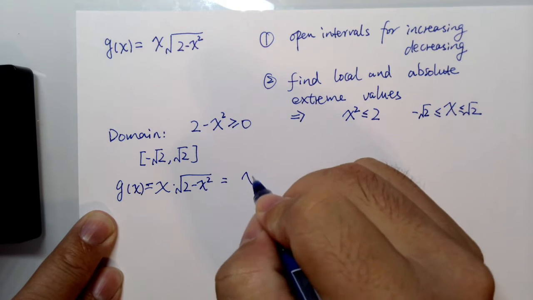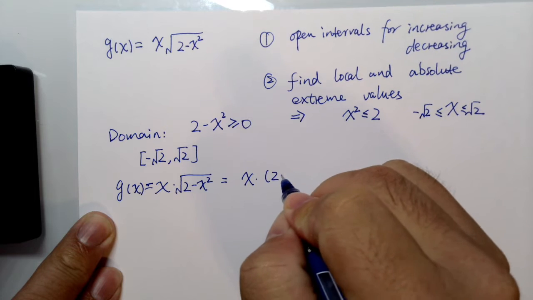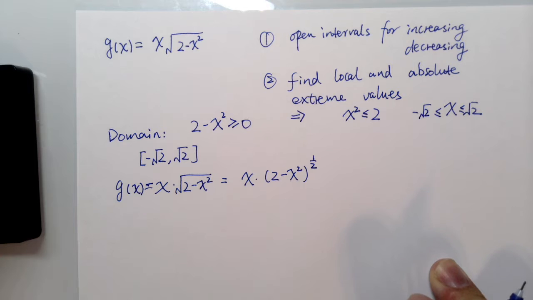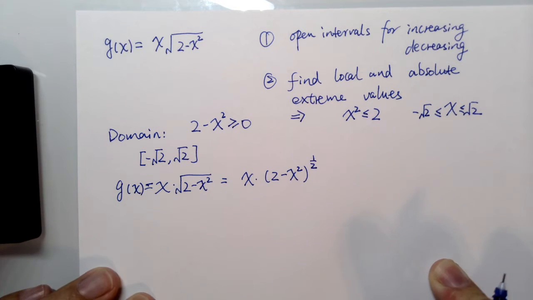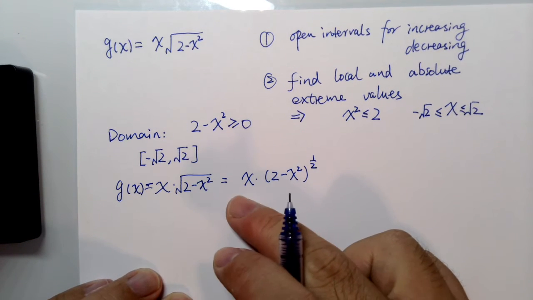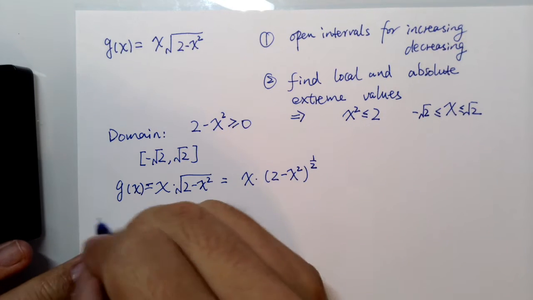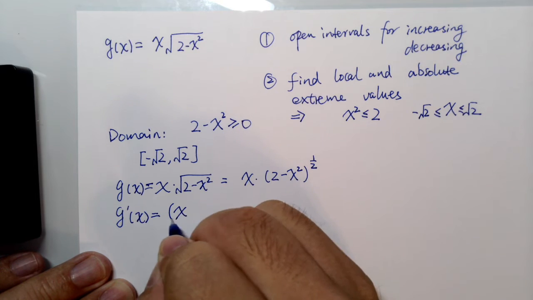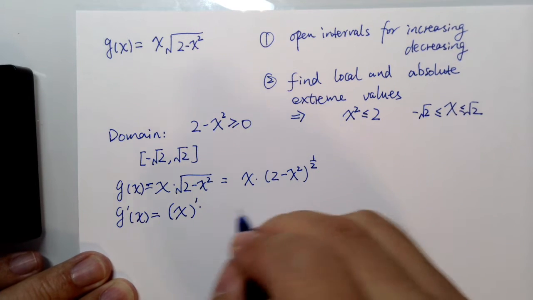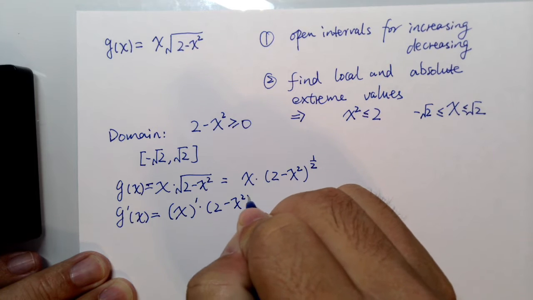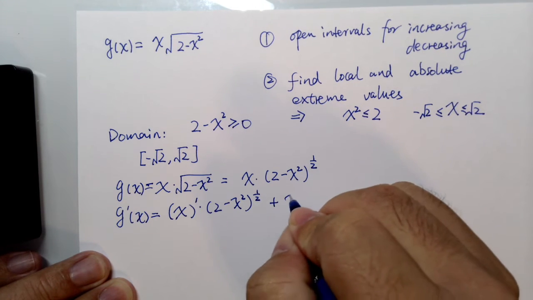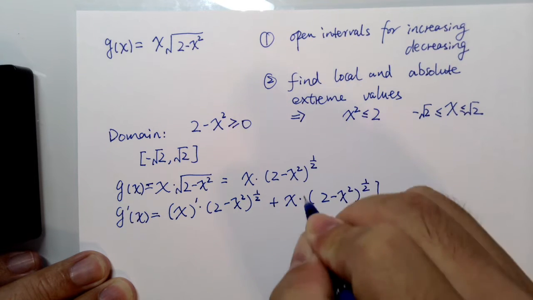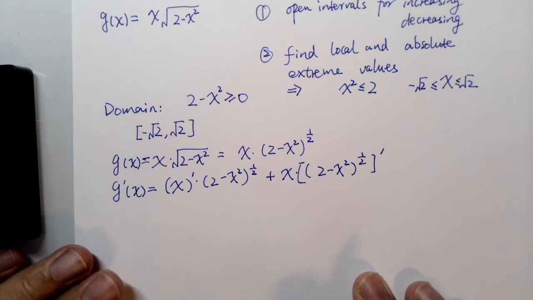And to help simplify the derivative process, I'd like to rewrite it this way. So g prime equals, we're going to apply the product rule first. Okay, so 2 minus x squared to the power half, plus x times, okay, so that's the product rule.